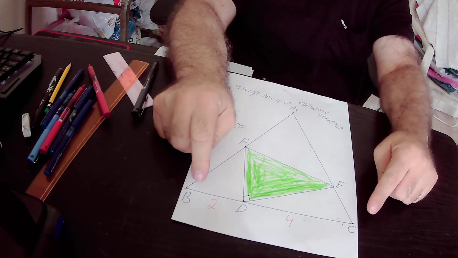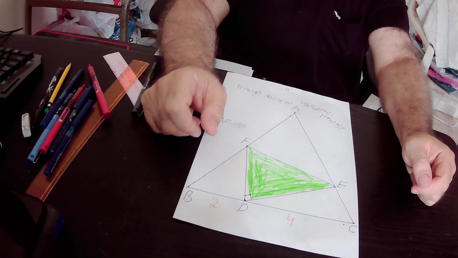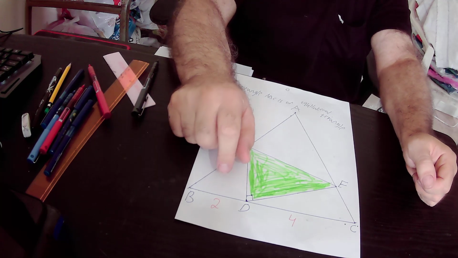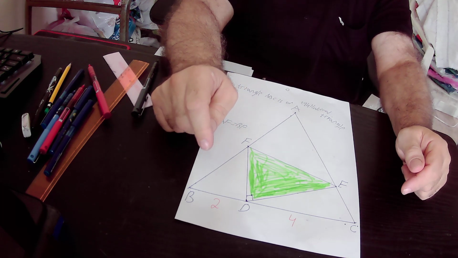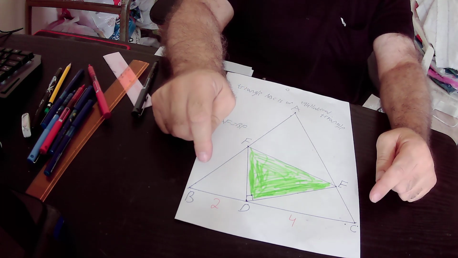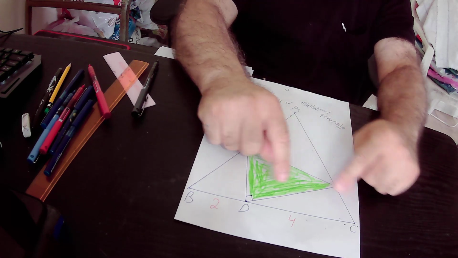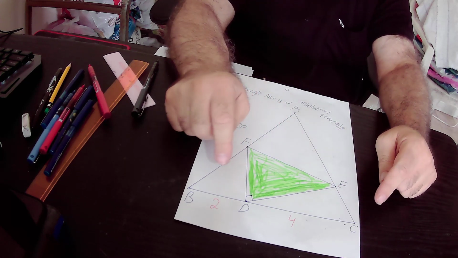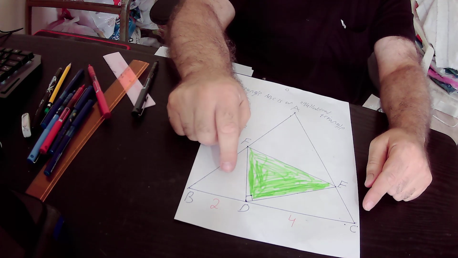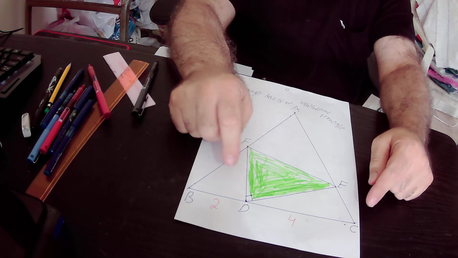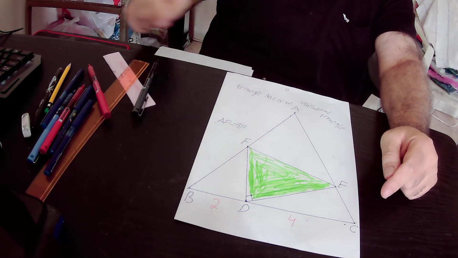BD equals 2 units and DC equals 4 units. So BC equals 2 plus 4 units, that is to say BC equals 6 units.